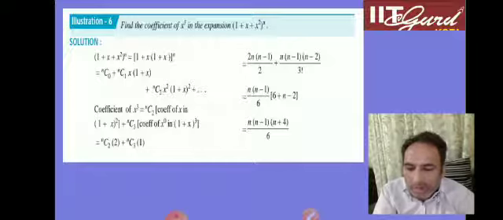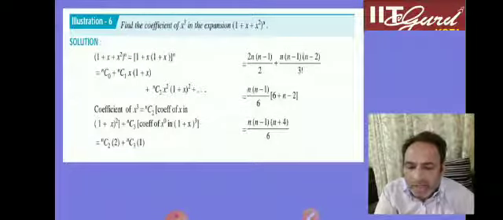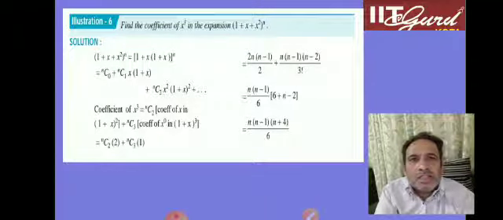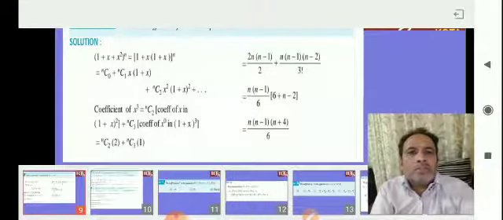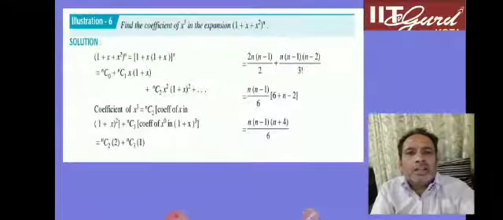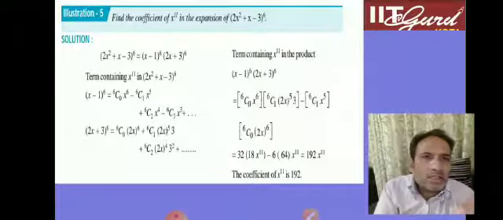Same idea, 1 plus x square. You can split this into two different binomials. As in the previous problem, the term 2x square plus x minus 3 was easily factorizable.